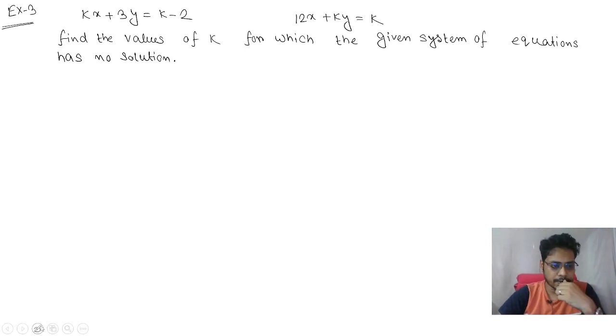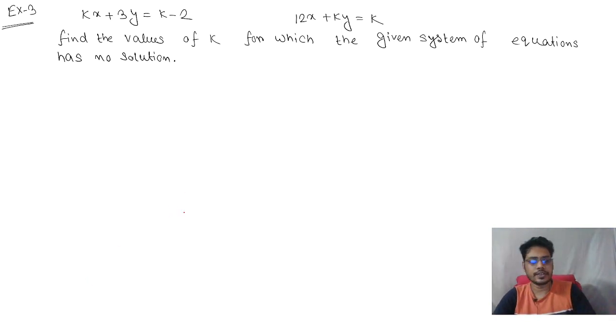That means it is given that it has no solution and for which value of k it is possible actually. We have to find this.